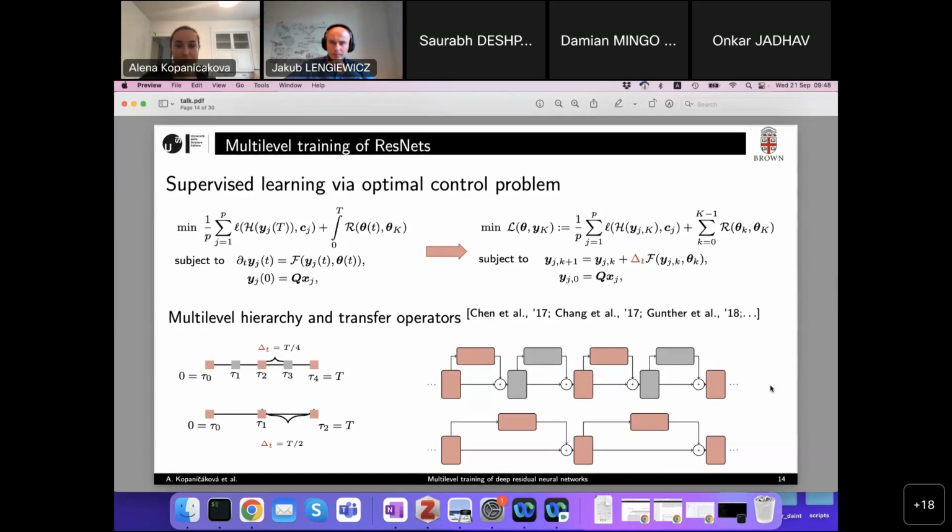I would say there are two ways how to choose this delta t. First, very simple. You try to stay as close to the original ResNet as possible. So you choose this delta t to be 1 on the coarse grid, and as soon as you define it, it will become delta t over 2, delta t over 4, and so on.